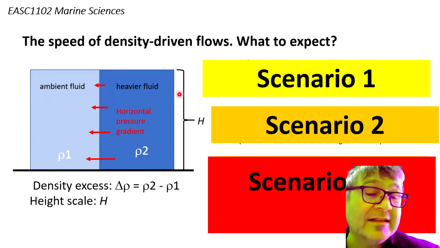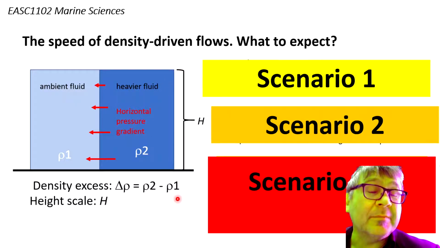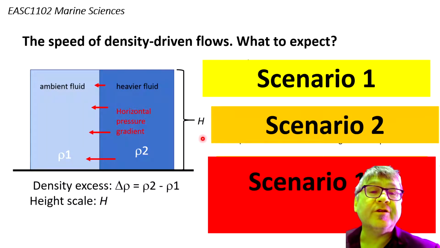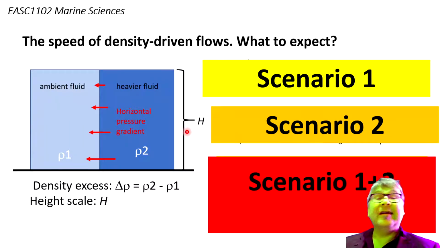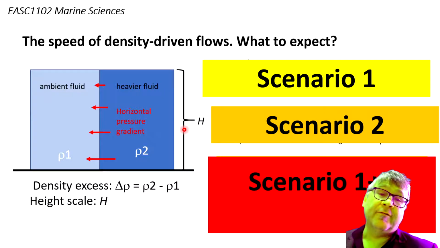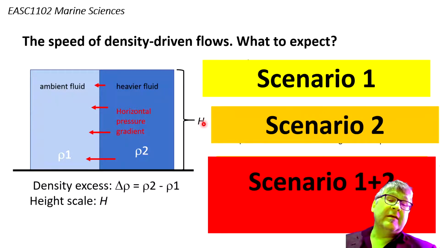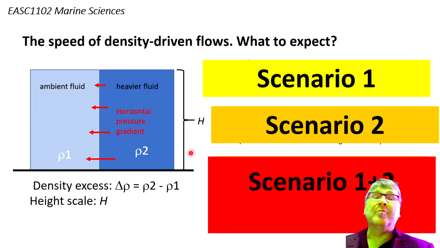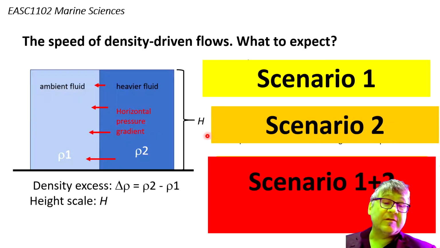For example, the height scale is something that I call H, capital H. And if I write down an H, it actually means that I know the value of it. This is a parameter, so I can run an experiment where H is 20 centimeters. And that's the important bit. So this one is sort of a known parameter.